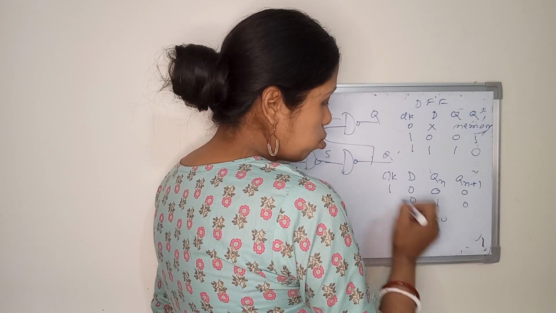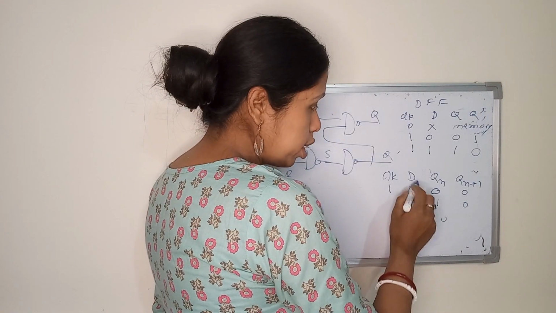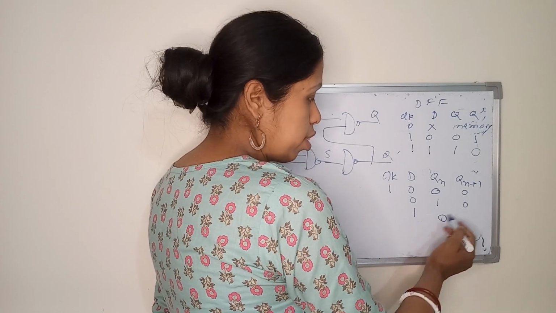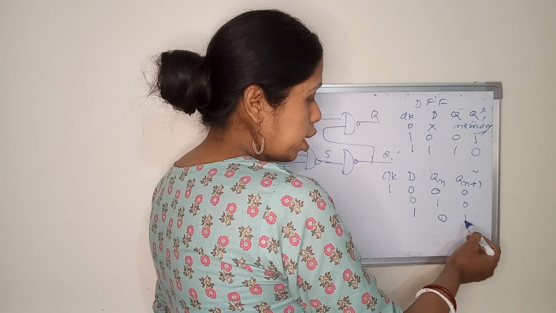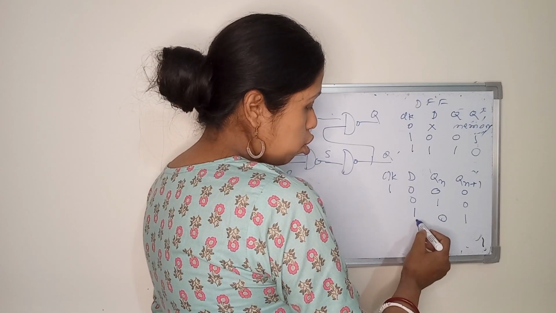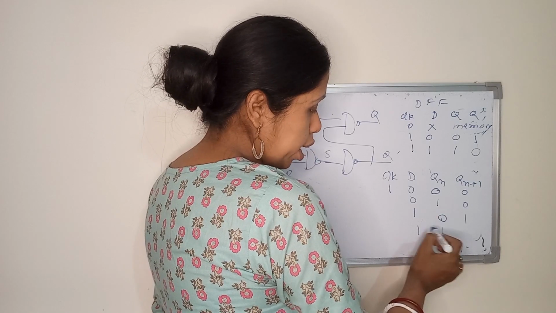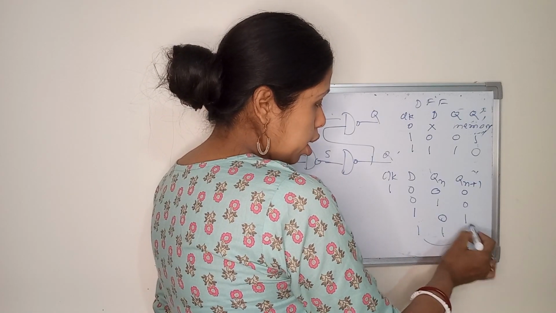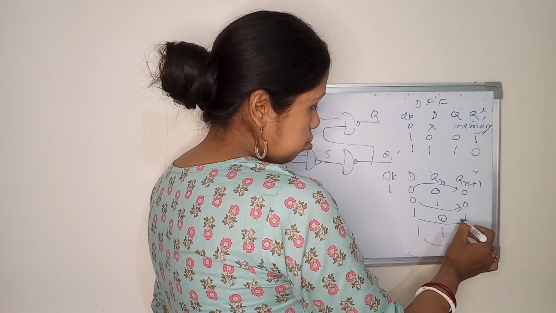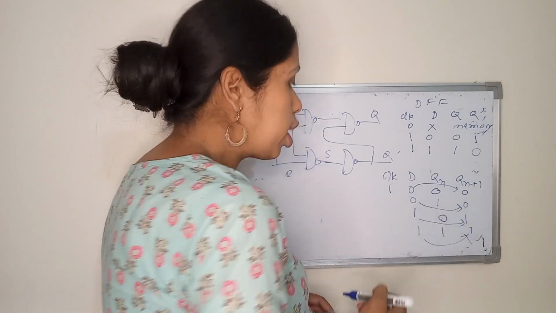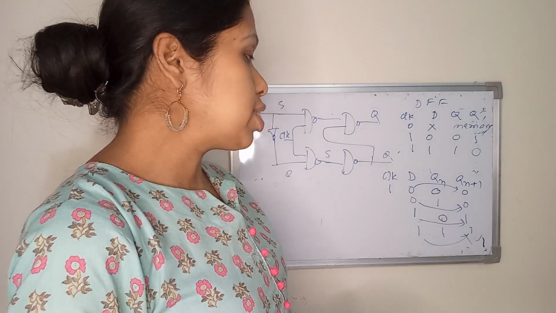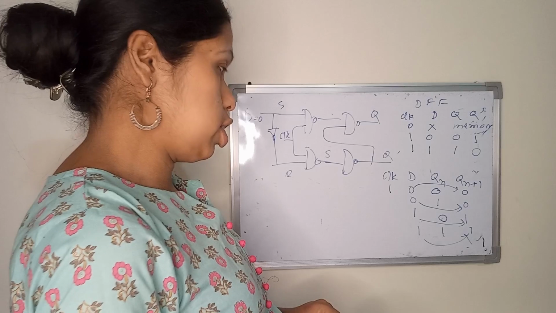Now again you are giving logic 1 to the D. Suppose the past value is 0, it will not reflect; you will get the same output as the input. Here also D is 1, past output is 1, and again it will reflect only here. This will not impact the past value. You can see the same D you are giving appears at the present output. This is about the characteristics table.